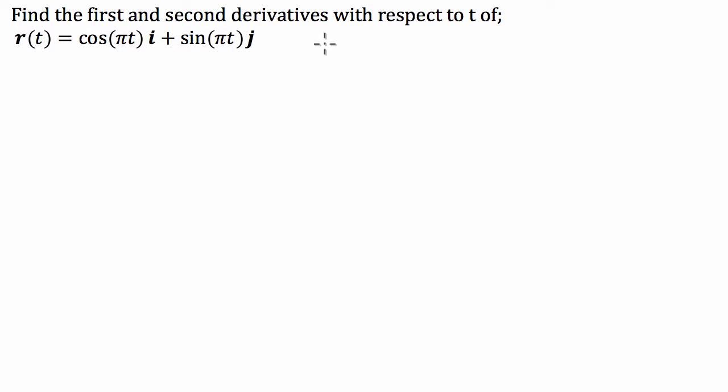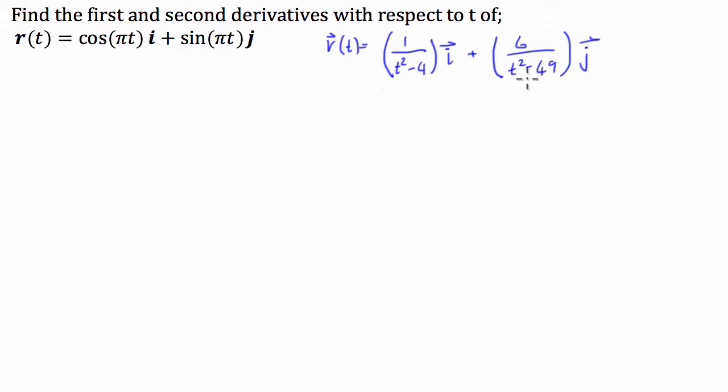However, on the fly here, if we had a vector function r of t equal to 1 over t squared minus 4 i plus, I don't know, 6 over t squared minus 49 j, the domain of this would be all real numbers t except for plus or minus 2 and plus or minus 7, because for plus or minus 2, the component i isn't defined, and for plus or minus 7, the component j isn't defined.